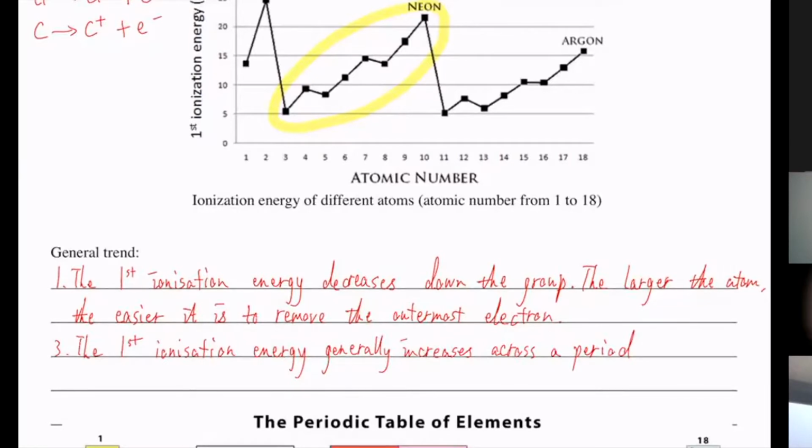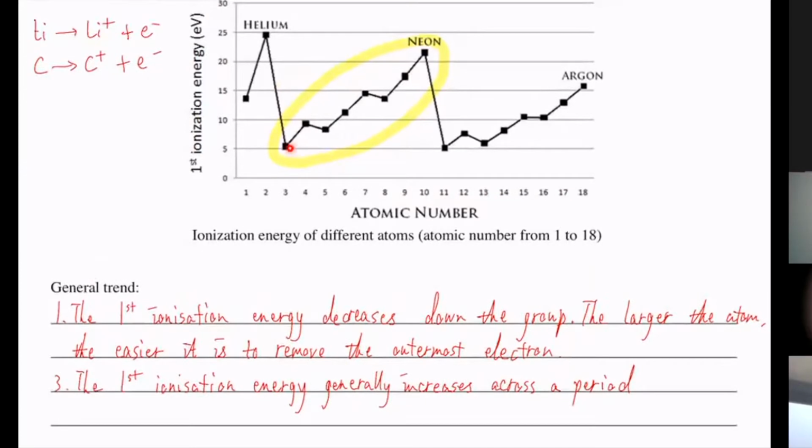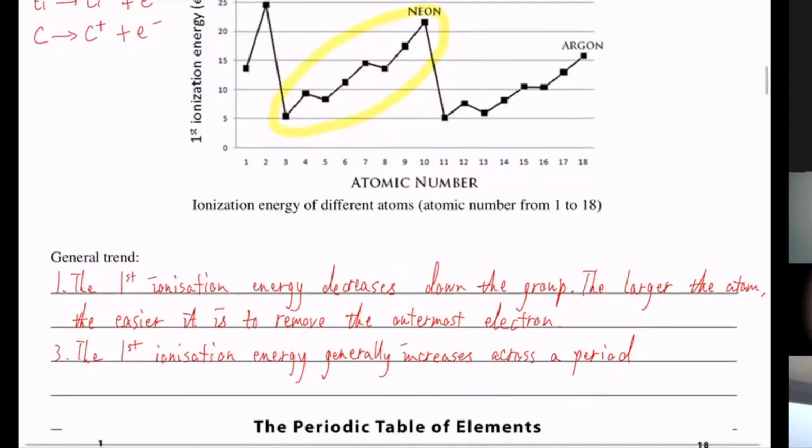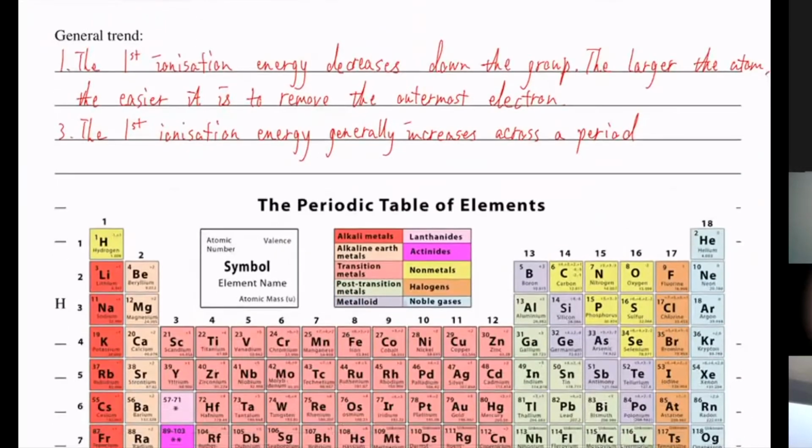Okay, so what's the reason for this increasing trend? Why does the first ionization energy generally increase? Okay, so second period, lithium, beryllium, boron, carbon.